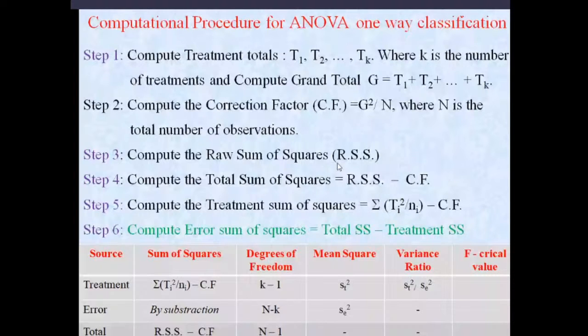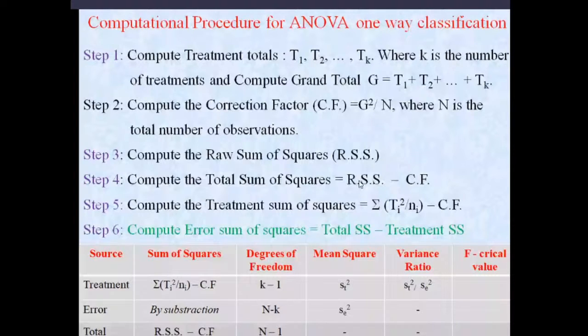So the sum of each observation squared is called the raw sum of squares. Then compute the total sum of squares. Total sum of squares is equal to the raw sum of squares minus the correction factor.